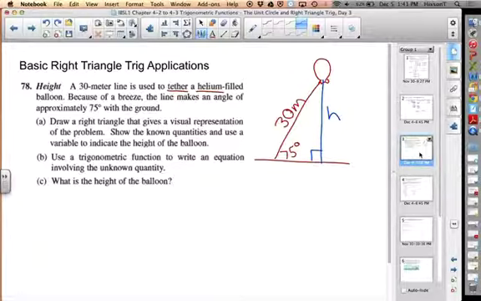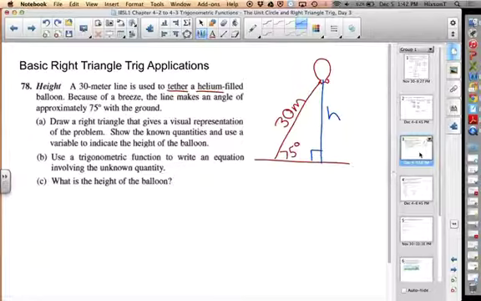Now, I have 2 warnings, okay? To those of you who are not artistic at all, don't worry about it, okay? Your drawing does not have to mimic real life. To those of you who are artistic, don't get carried away.